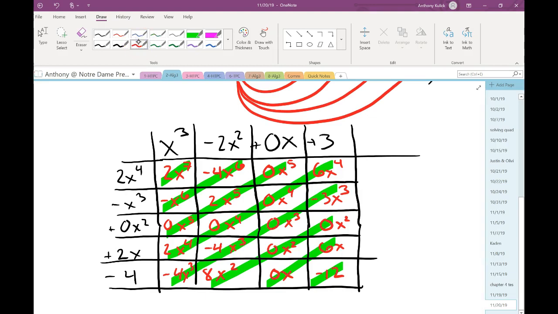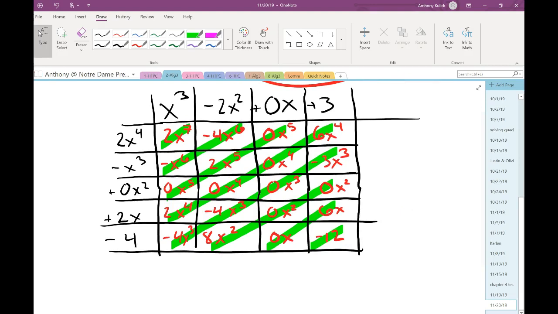So not only does this grid make sure that we do every multiplication we need to do, because there's a spot for us and we wouldn't leave a section blank. It's hard to forget to do that if there's a blank for it. And it organizes the like terms for us, so we don't have to hunt through 12 things to find, did I get all the x squareds out of there? No, I know I did because I looked along the same diagonal.